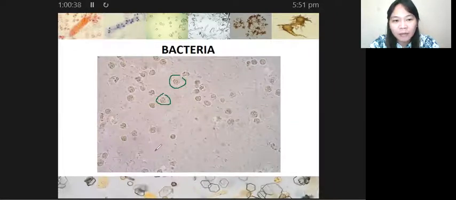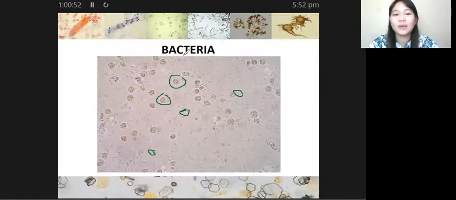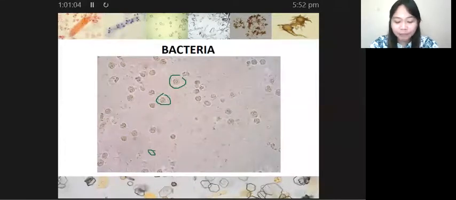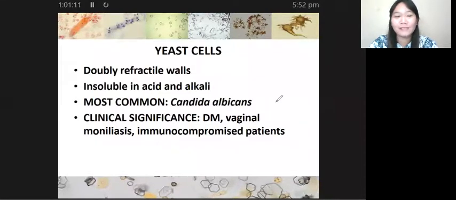O, yung mga rod-shaped na sediments dyan, mga bacilli yung mga yan. Grabe, ang cute nila under the microscope kasi gumagalaw sila, nagtatumbling-tumbling sila. So masasabi natin na may UTI yung pasyente, hindi lang dahil sa na-contaminate ng normal flora yung ating urine sample. Okay, konti na lang for this video.